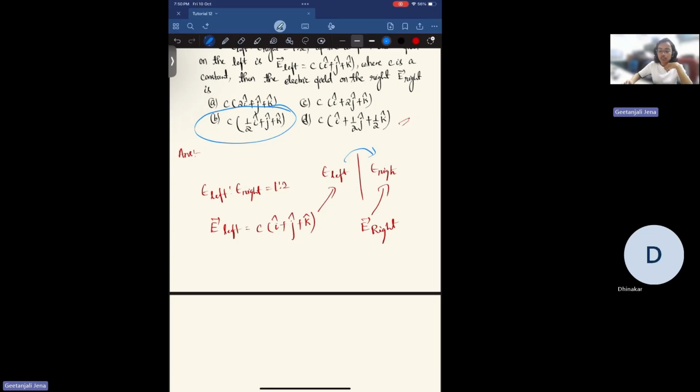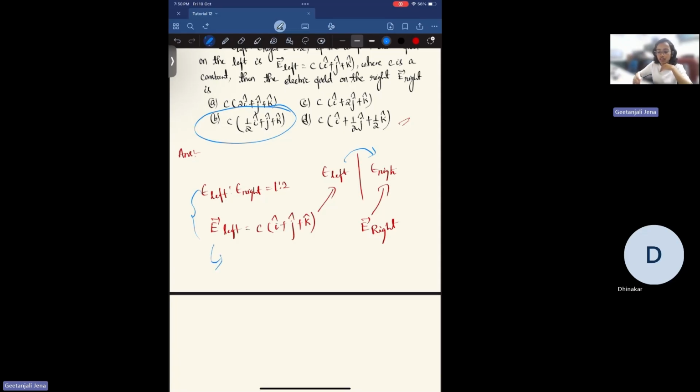Like for the electric case, the parallel component is continuous and the perpendicular component is discontinuous and it is given by the surface charge. But it is quite opposite in the magnetic field case. For the magnetic field, it is the perpendicular component which is continuous and the parallel component has a discontinuity which is the surface current, given by K cross n. But for now, it is not asking about the magnetic field.